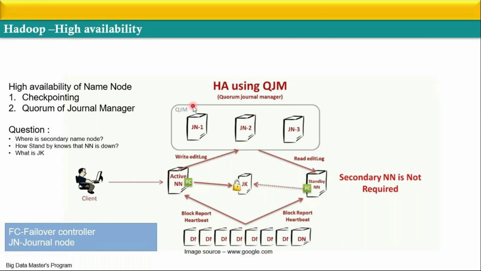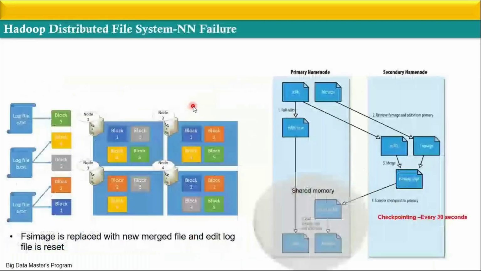In case of checkpointing, the size of the FS image file is around 128 MB, and if the size goes to more than 128 MB, it is going to refresh itself and the previous one will be deleted. It is going to replace this FS image with the newer one. Replacing is happening over here, so the size limitation is there.